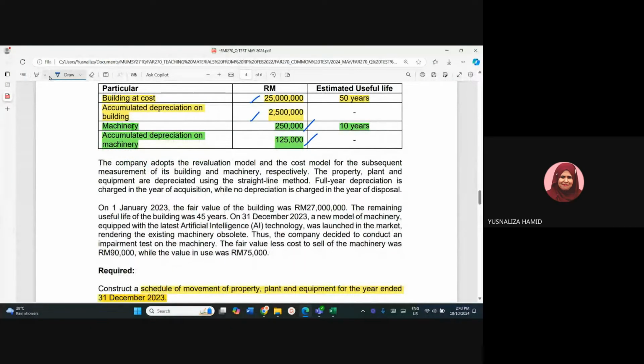Okay, we start with the information that was given here. The first one, you are informed regarding the company that adopts the revaluation model.